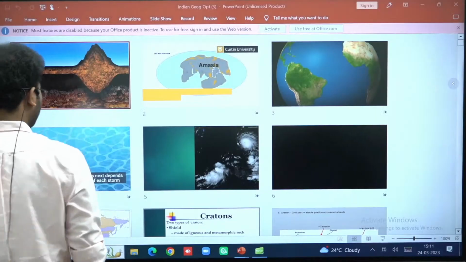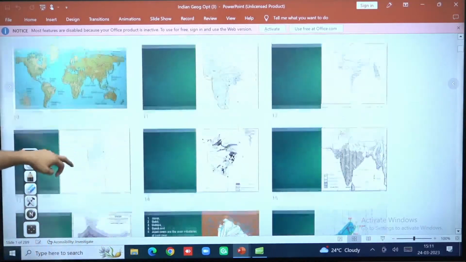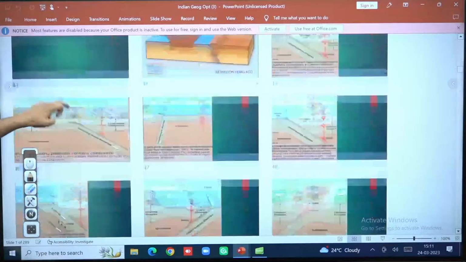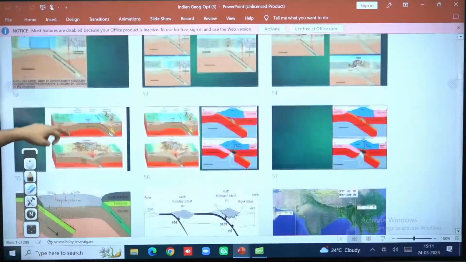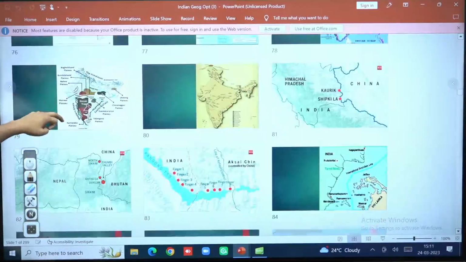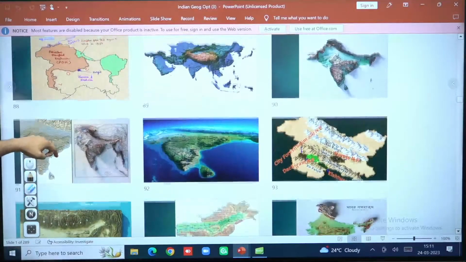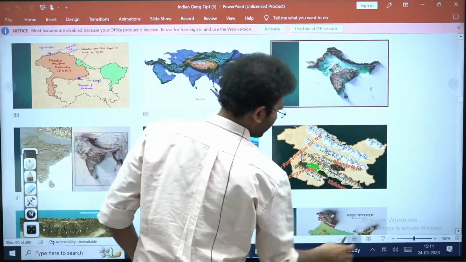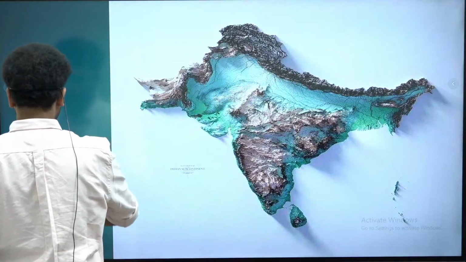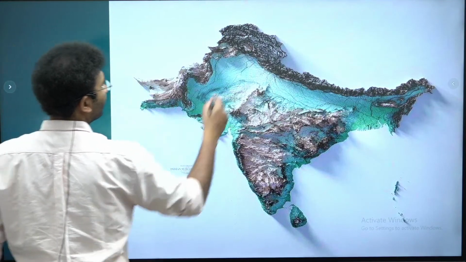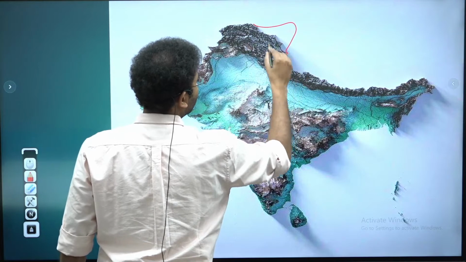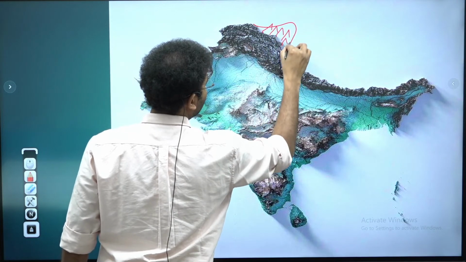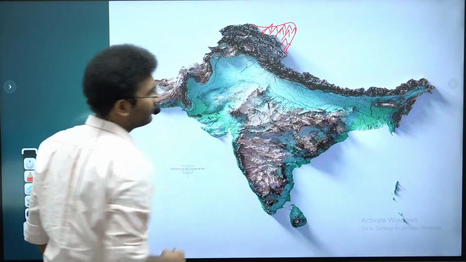Okay, let me show you an image. That image will give you a better description of India. Just a minute. Look here. Now look at this image and tell me what kind of physiographic regions you see in India.